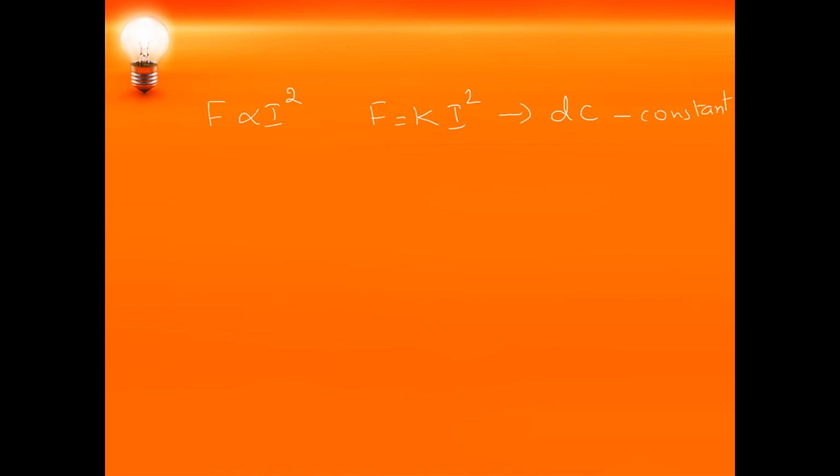If it is an AC, this F, which is equal to Ki square, I being an alternating quantity, we can write it as I max sine omega t, the whole square. This can be written as K into I max square sine square omega t.